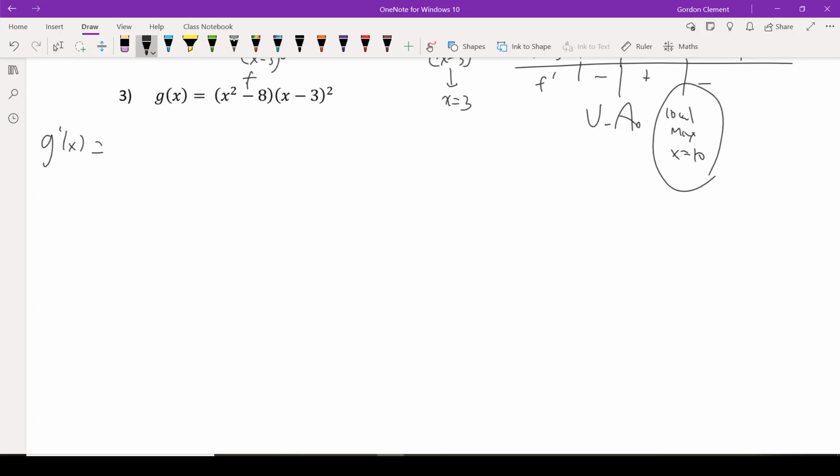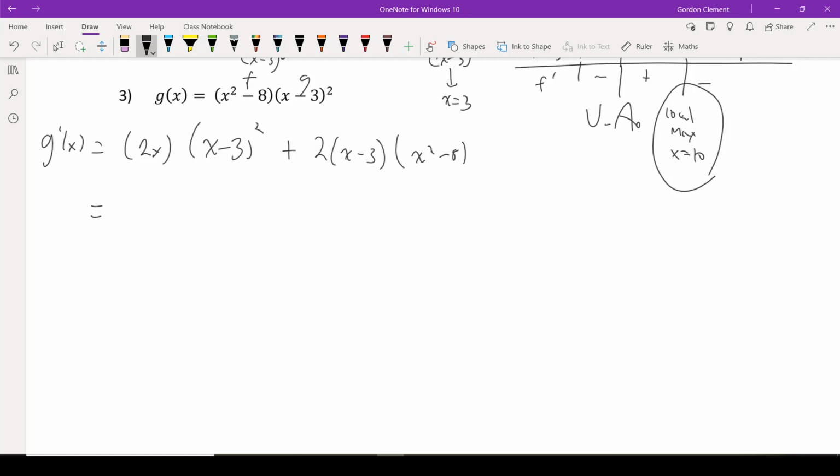Product rule, that's going to be f, that's going to be g, f prime g plus g prime f. So the 2 is going to come down, become a 1, x minus 3, don't multiply by the derivative of what's inside, which is just 1, and then f. So we have that.